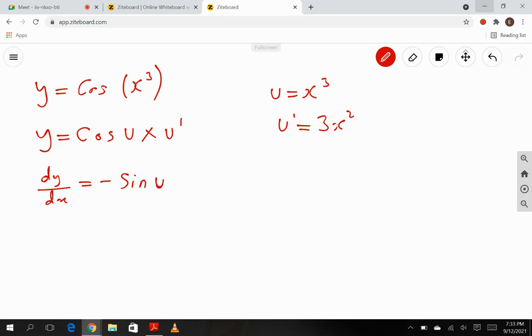So the u is maintained. Then what's our u prime? Our u prime is 3x squared, right? So at this point we want to replace our u now. So replacing our u, remember we've written that, right?